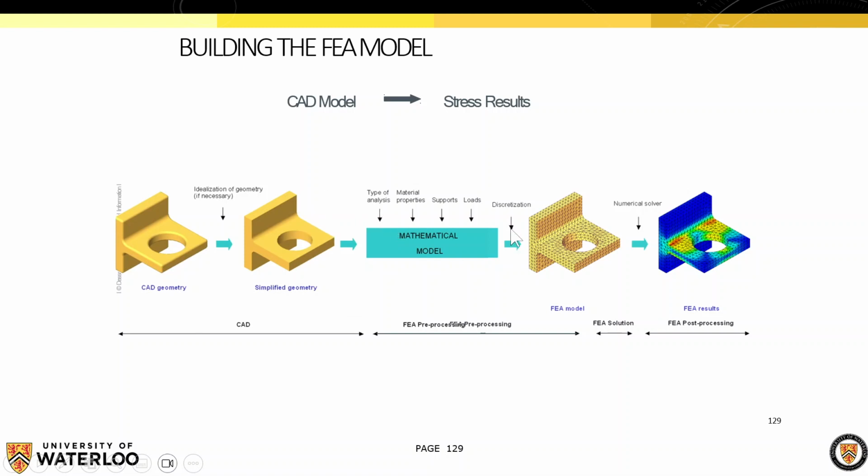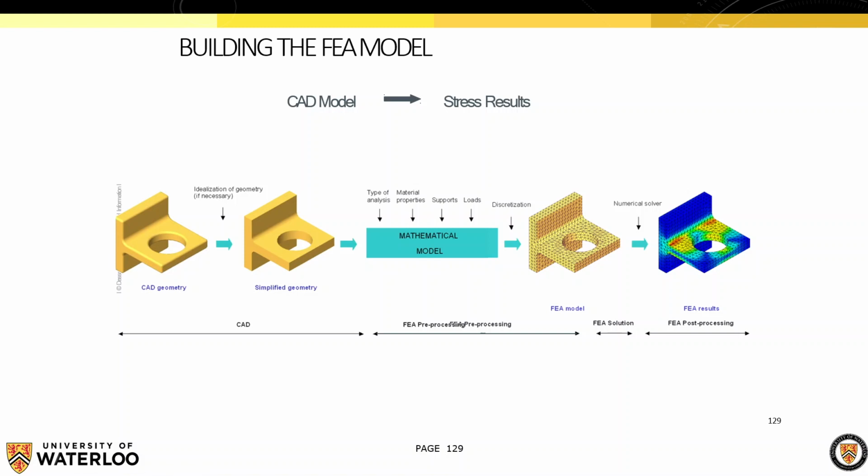What the mathematical model is composed of, in this case, is four particular elements, but sometimes it's more. First, the type of analysis, which could be static structural, dynamic, modal or frequency analysis, or fatigue. It's the domain of analysis that you're working in. The next thing you need is the material properties, all of the properties that govern the way the material behaves.